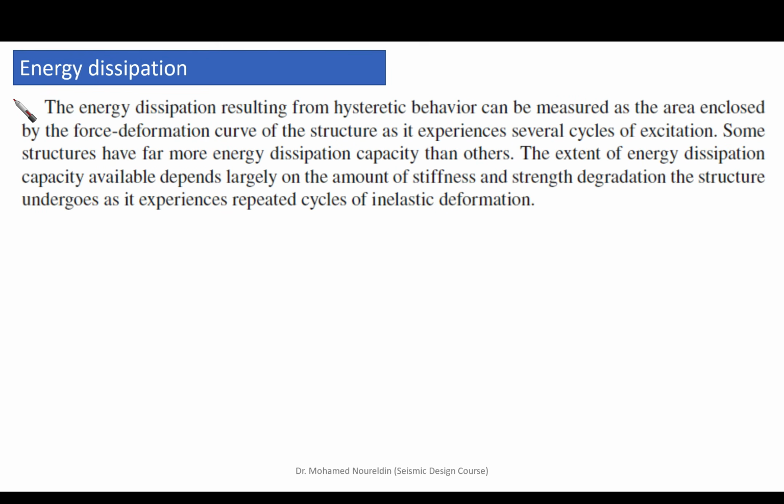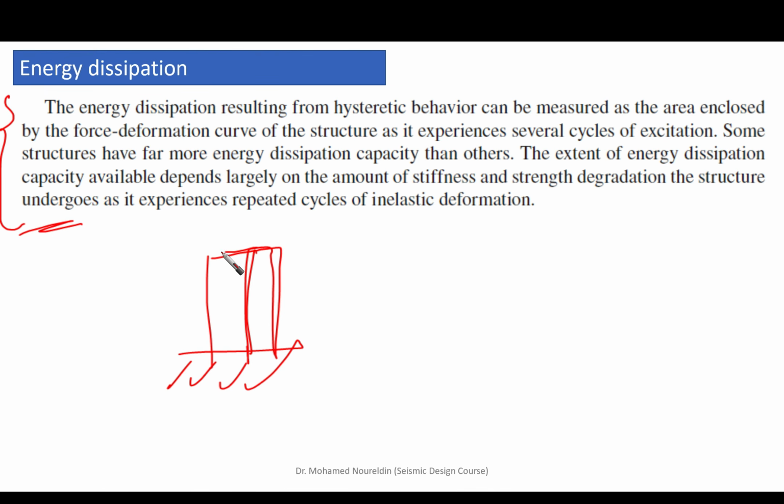Now we have the energy dissipation part, which means we are having different types. The structure is going to dissipate the energy through what? Through the hysteretic energy of the members, through several cycles.